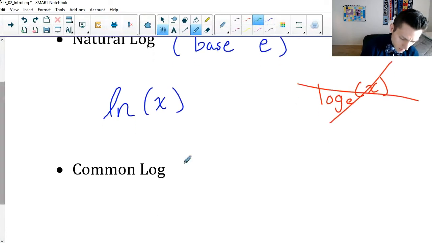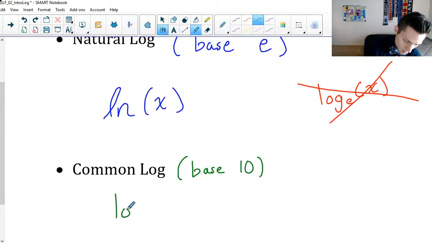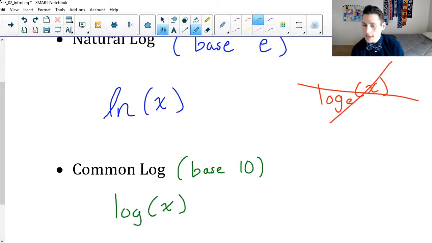Common logarithm is base 10. And the way we write that is actually log, but we don't put any base at all. Okay, so we do not need to write the 10.